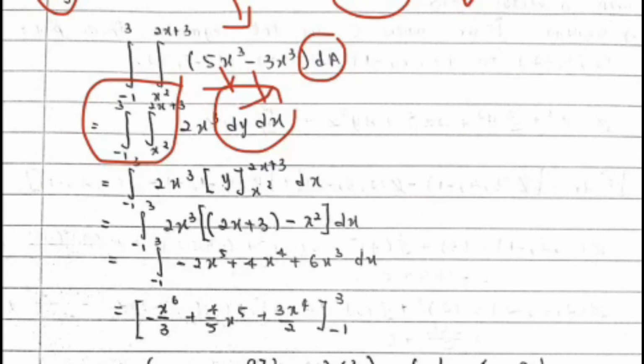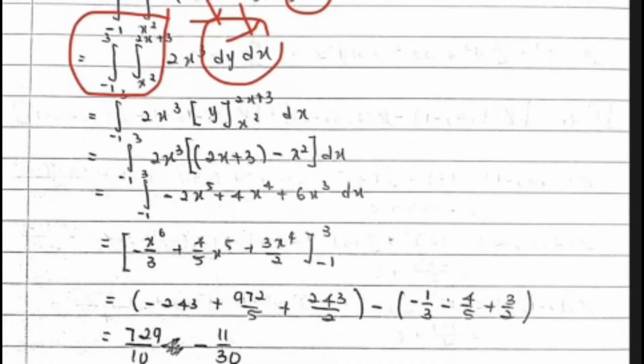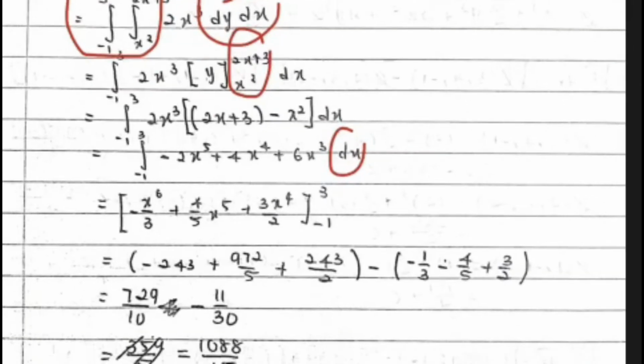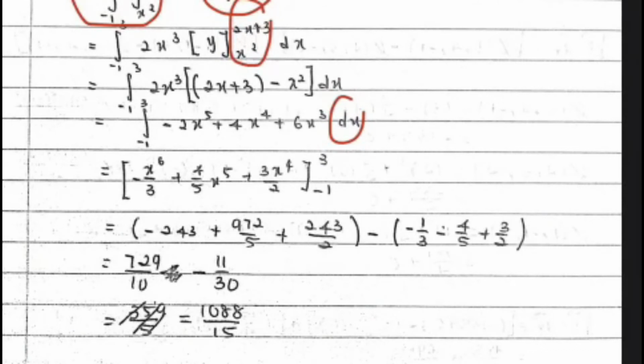So we just integrate like usual. First for dy, substitute the limit. After integrating, we substitute the limit for y and do the integration once again with respect to dx, and substitute the limit for x, -1 to 3, and we will get the answer 1088 over 15.